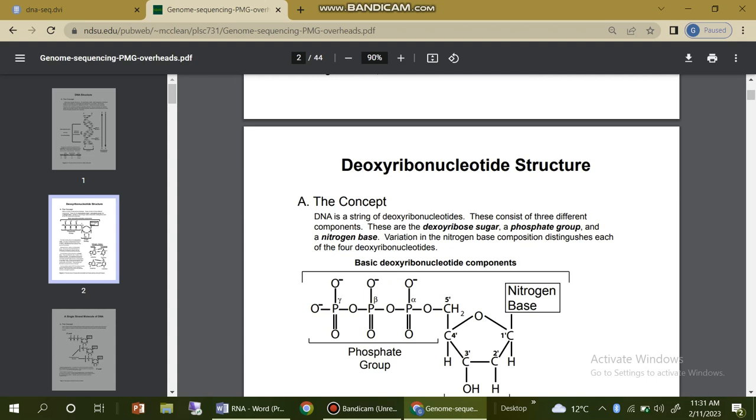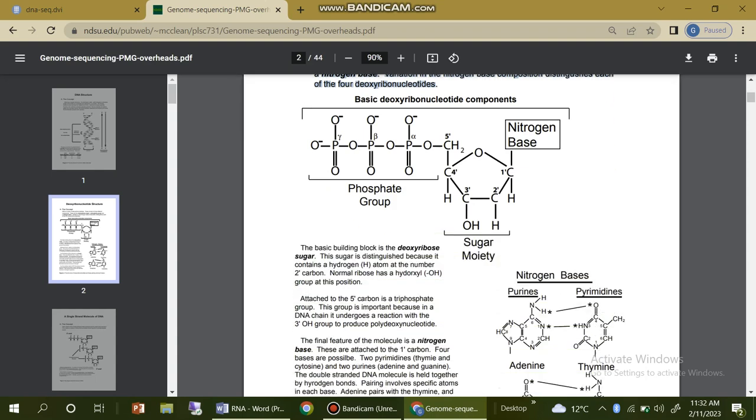The DNA is a string of deoxyribonucleotides. These consist of three different components: a deoxyribose sugar, a phosphate group, and a nitrogen base. Variation in the nitrogen base composition distinguishes each of the four deoxyribonucleotides.